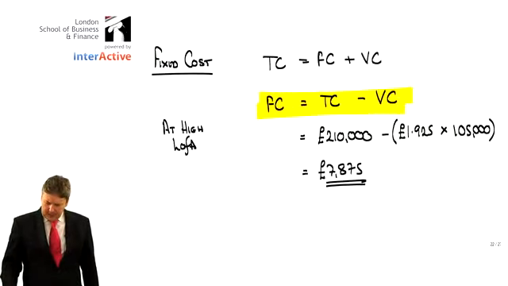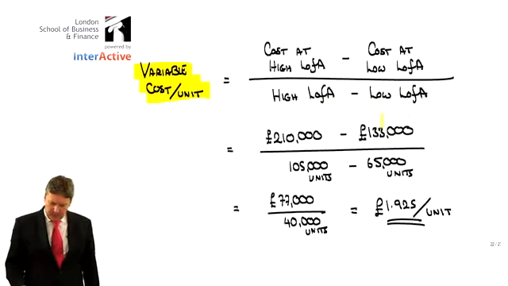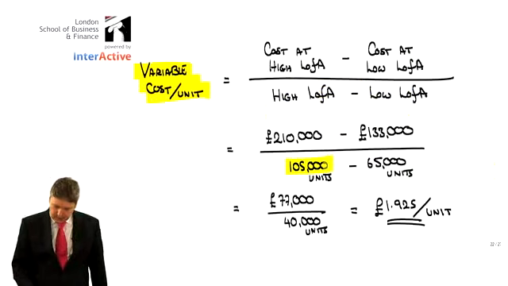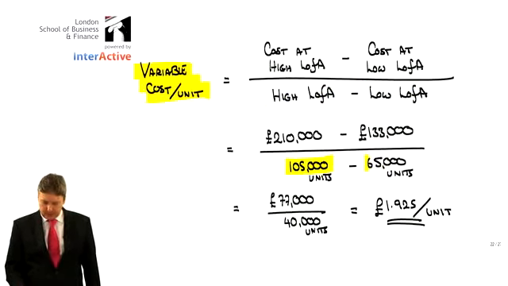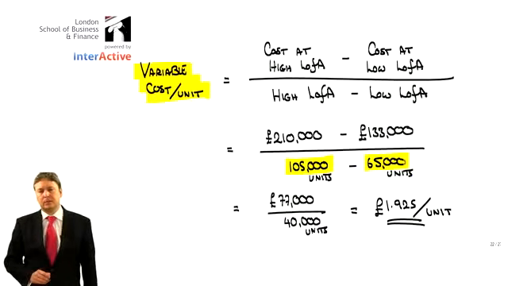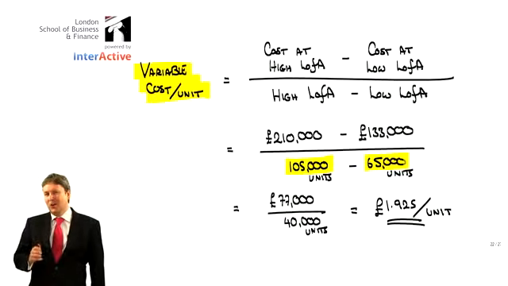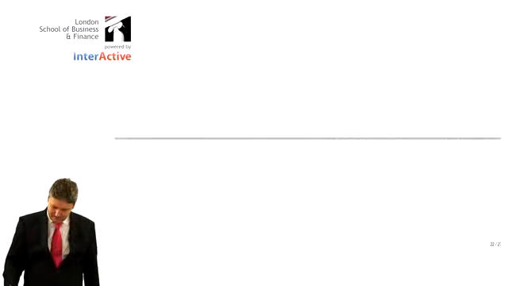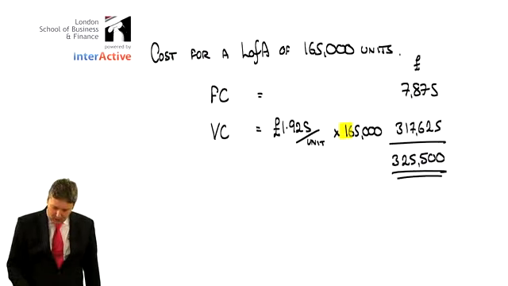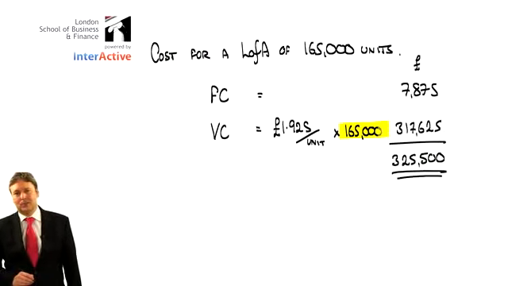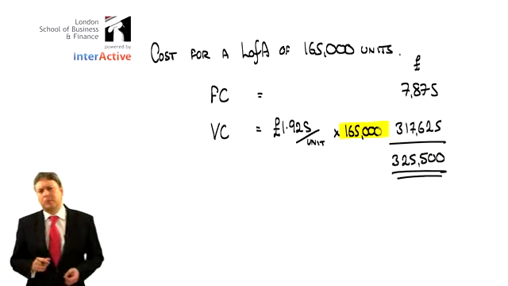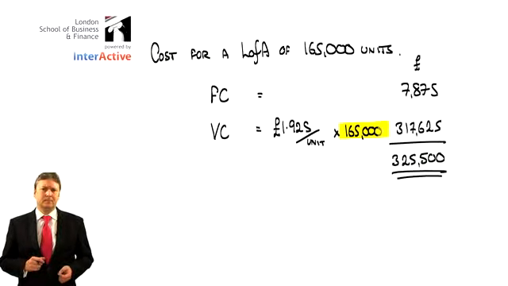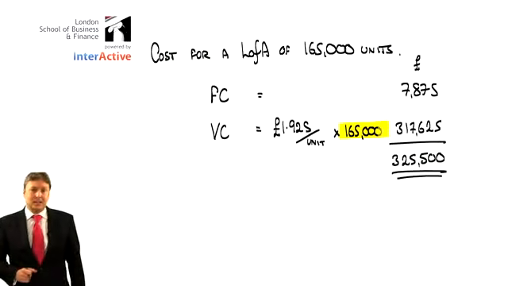The reason why is this. If you remember the original levels of activity, we've got 105,000 and 65,000. And hold on a moment. What we're doing is we are predicting a level of activity of 165,000 units. Can you see a problem with what we've said here? Well, the problem I see is this.